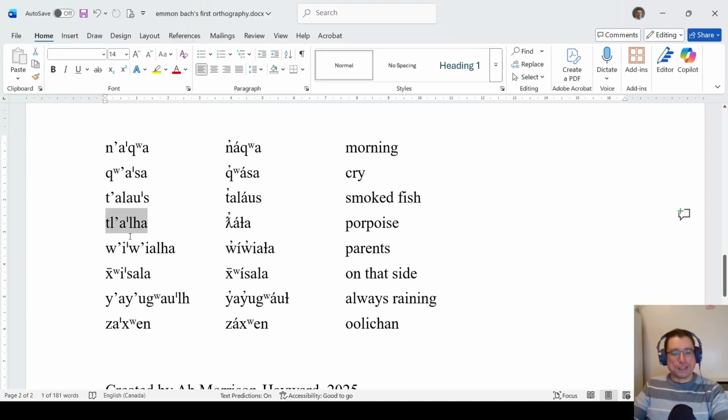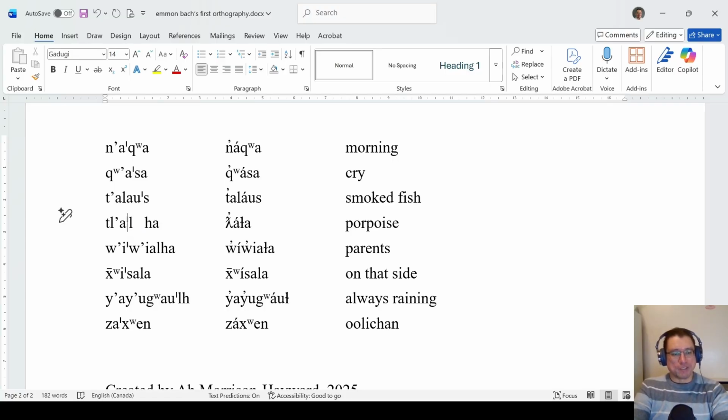Then we have tlasla. So you remember when I was talking about these digraphs for lateral sounds becoming a little bit problematic? So here's what can happen if you're not familiar with any of the Isla orthographies and how they work, especially ones that have these digraphs.